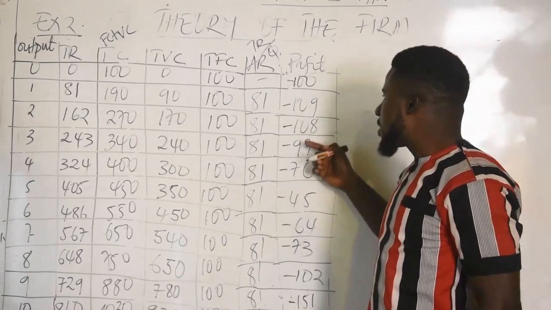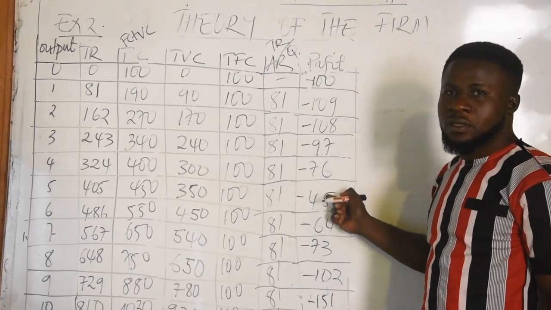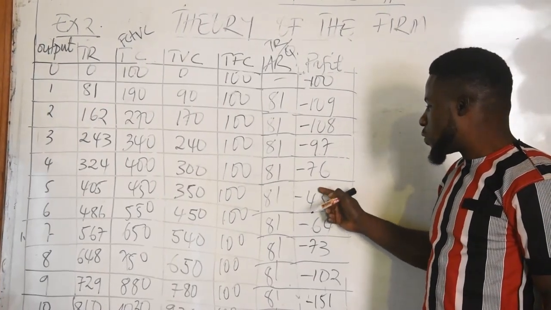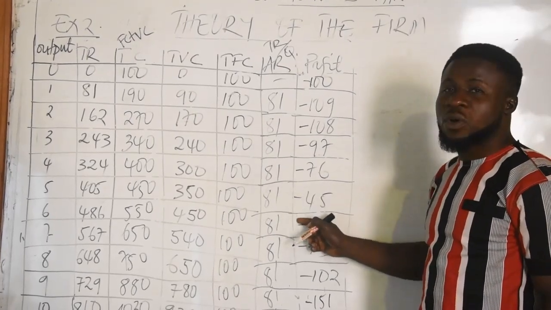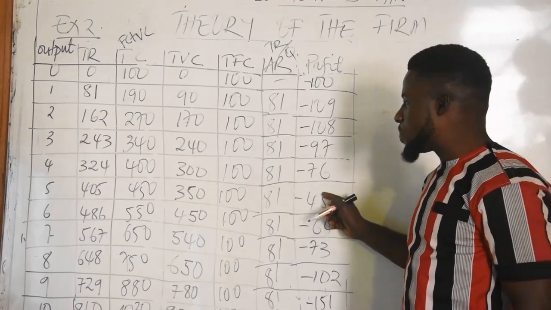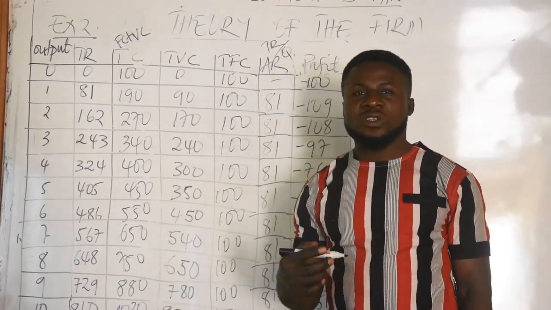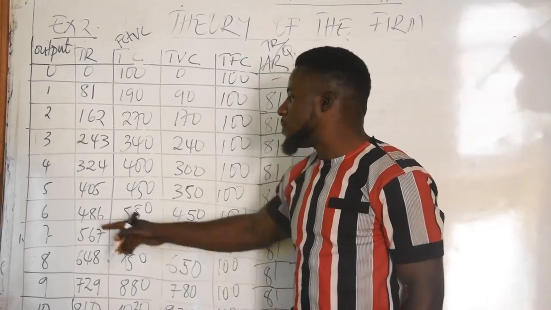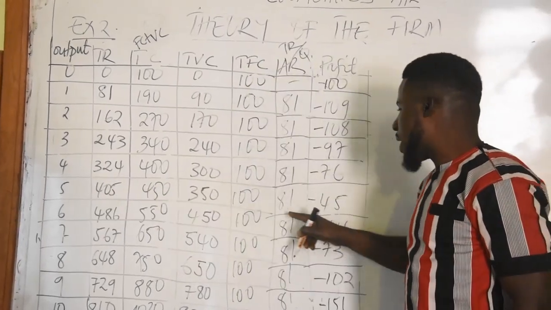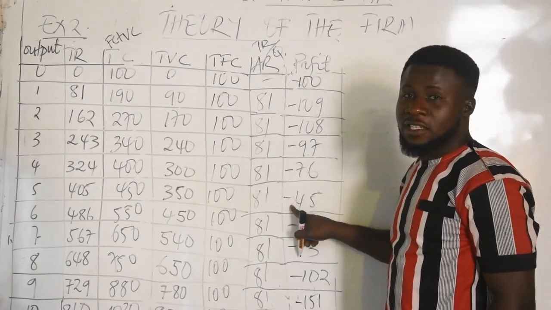So what is the smallest negative value here? We have 45 francs. So that is the smallest amount of loss that this firm is making, and it corresponds to output level 5. So your answer should be loss is minimized at the fifth output level, where the loss is smallest at negative 45.